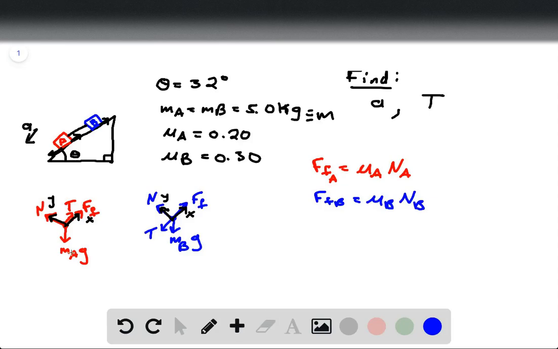And I can redraw these free body diagrams so that we have an image that we're more familiar with, the y-axis directed upward, on our page.